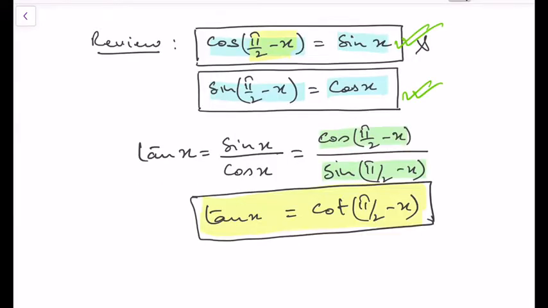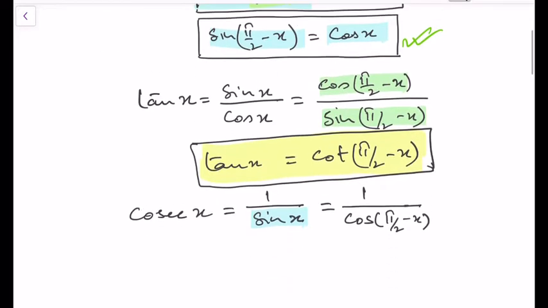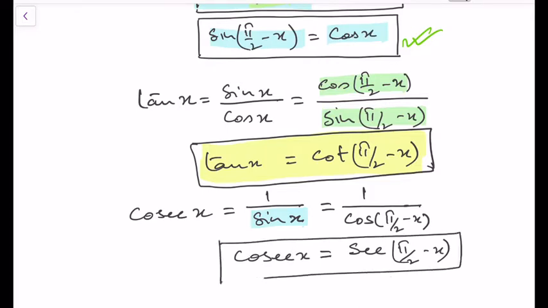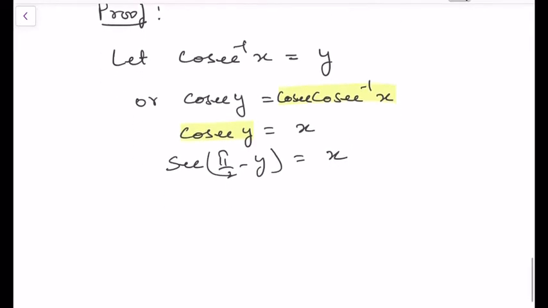Now cosec x is equal to 1 over sin x, and sin x is cos(pi/2 - x). So 1 over cos(pi/2 - x), which is sec(pi/2 - x). So cosec x is equal to sec(pi/2 - x). Similarly, cosec y will be sec(pi/2 - y). So sec(pi/2 - y) = x.